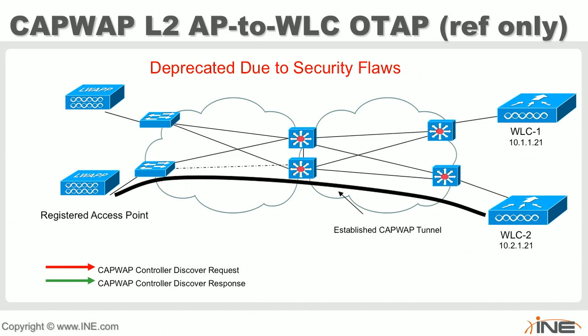This is the old over-the-air provisioning, OTAP, and it was deprecated due to security flaws. But basically the way that this did work, just in case you're ever asked any questions or tested on it, is that if we already had an LWAP access point that had already been registered, the idea was that the additional LWAPs that came online could save IP broadcasts over the network or DNS or DHCP requests.